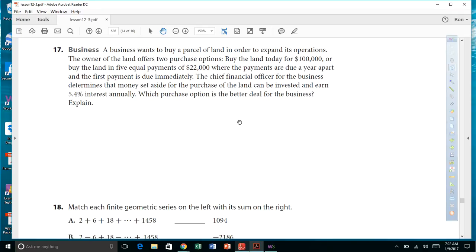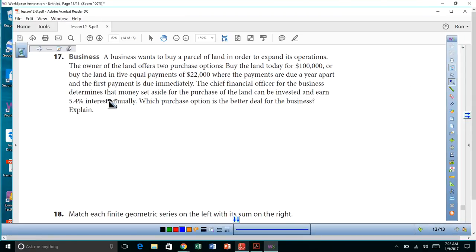All right, so let's see, what do we got here? Well, first year that would be $22,000, right? Plus, and then the next year that would be 22,000 over 1.054, and that would take the interest off, and then you got 22,000 over 1.054 squared, plus 22,000 over 1.054 cubed.